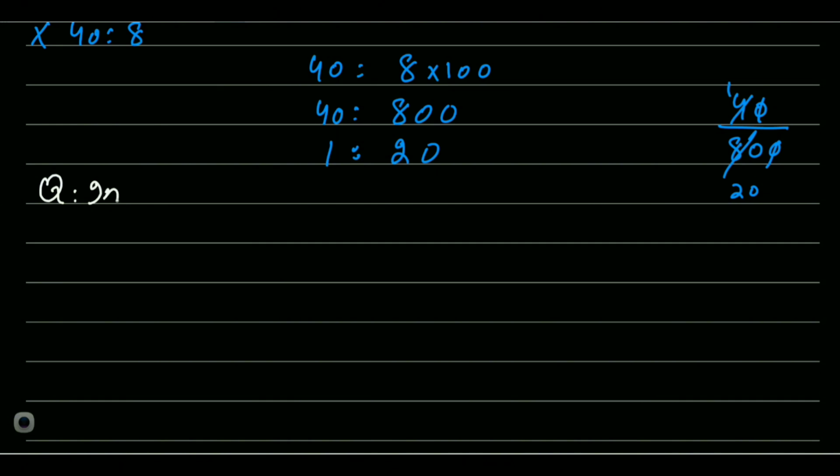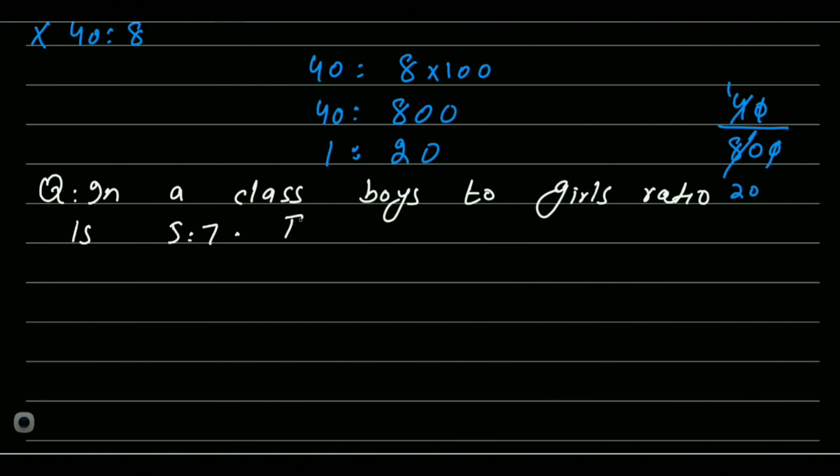Okay, in a class, boys to girls ratio is 5:7.